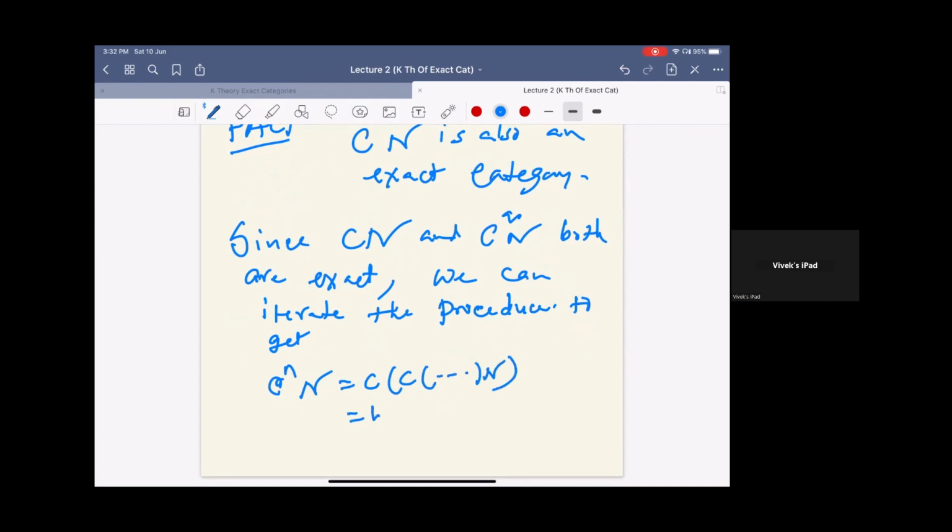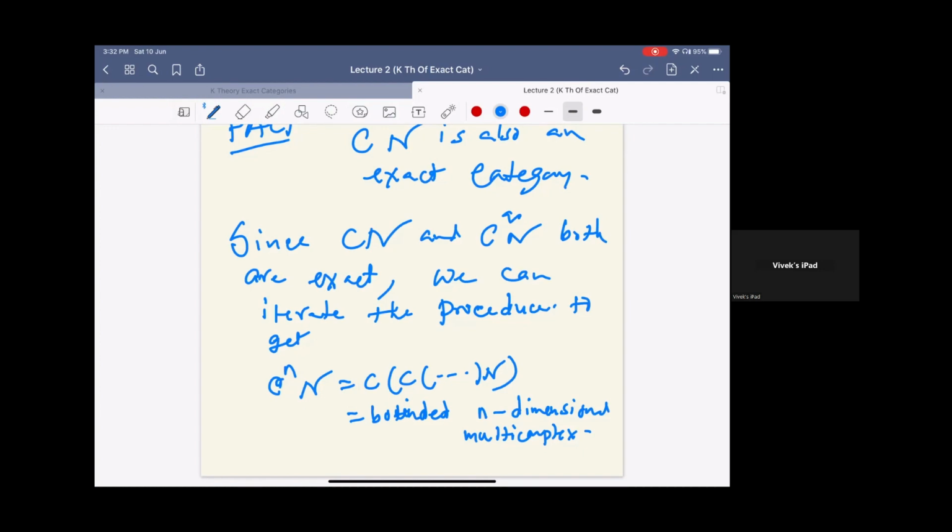So that is basically the bounded n-dimensional multi-complex. Start with N, then apply C. This is again an exact category. Then again consider a chain complex of chain complexes. Then that is C^2(N). Then you iterate this process, so you get C^n(N). You are just applying C n times. So basically you get the bounded n-dimensional multi-complex.